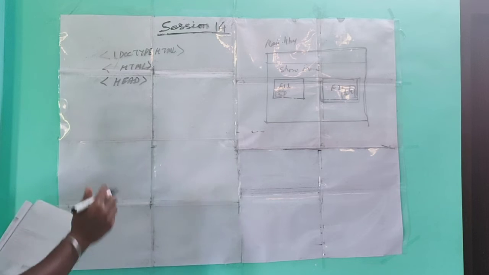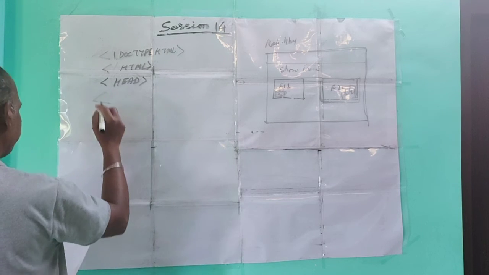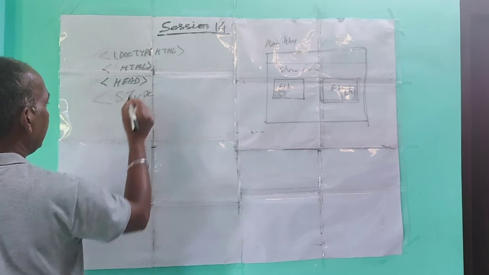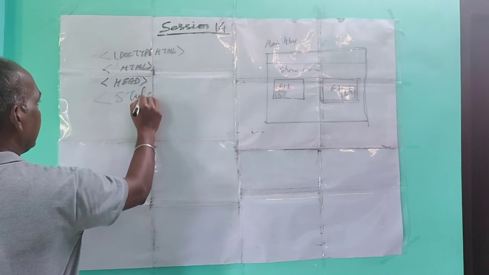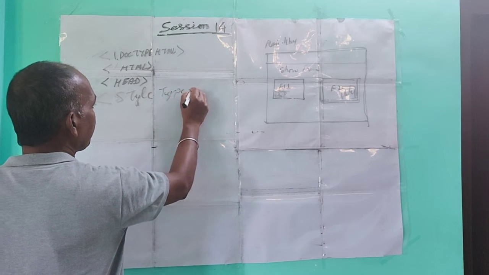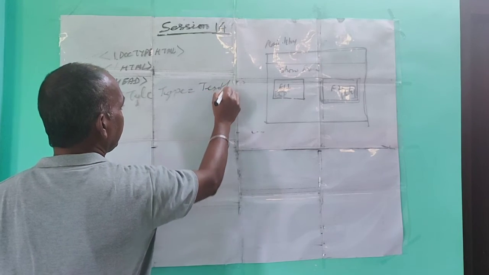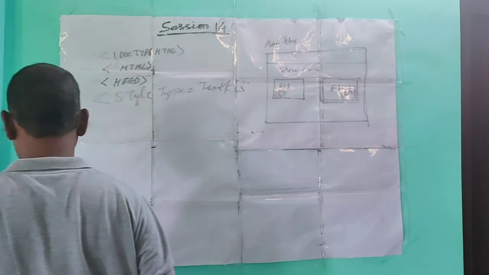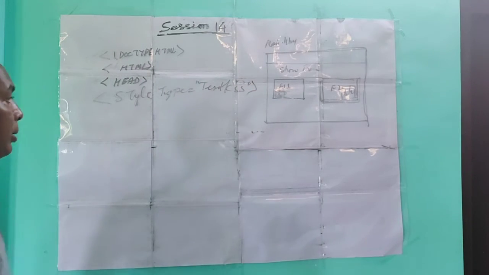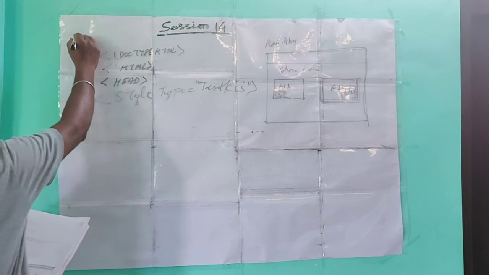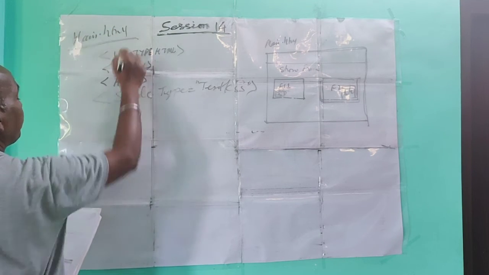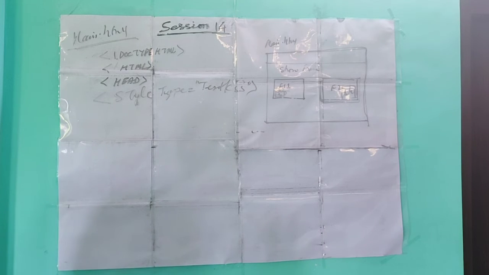You can write like this: style type text/css. Under the style we can edit the main document. This is the main.html. We will change the document under main.html.